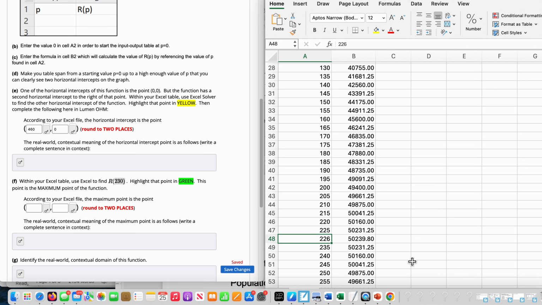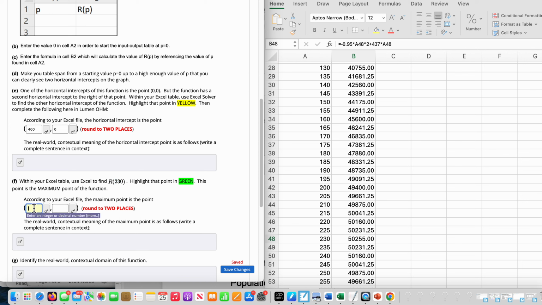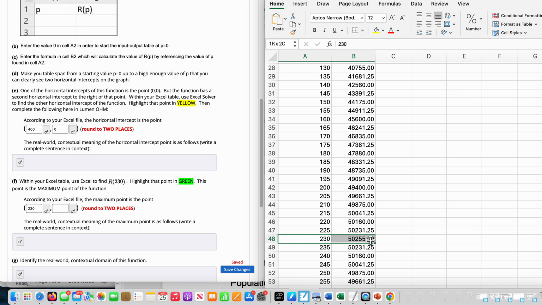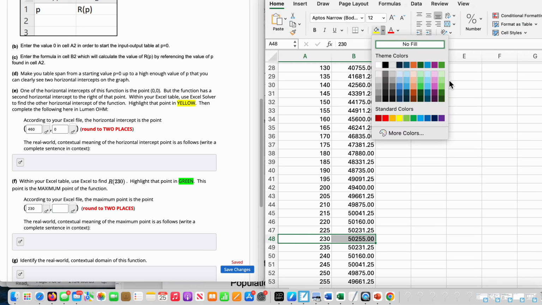So I've got 226 and 225. I'm just going to put an input of 230 in. And because I've had my formula here, it's going to give me the revenue, right? So in this case, when I input 230, I'm going to highlight this in green.